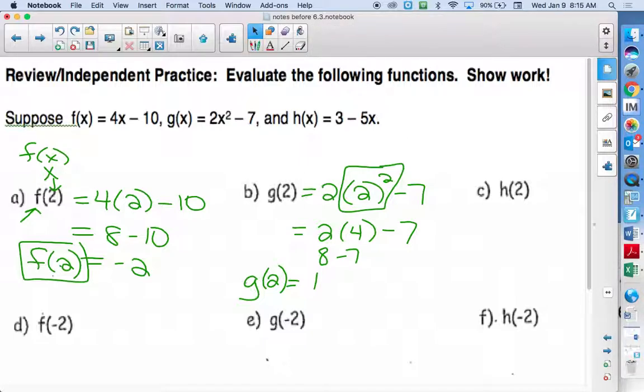So I'd like you to finish those evaluating problems. And then I have a worksheet that is just on looking at graphs and trying to write the domain and the range. So obviously the work part is minimal. As you're writing domain and range, you're not really algebraically plugging things in for the equation.